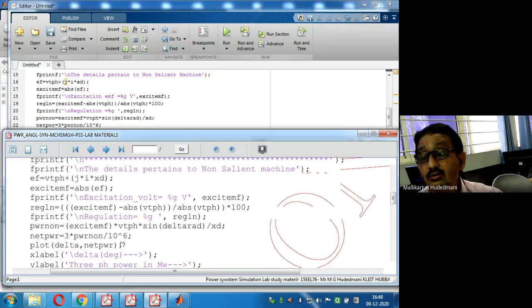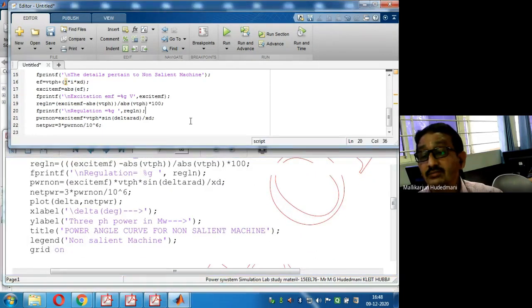Then plot. What I am doing? Plot the representation. Plot delta and net power. I come over here. PLOT. Plot delta, comma, net power. Clear? Complete the bracket.